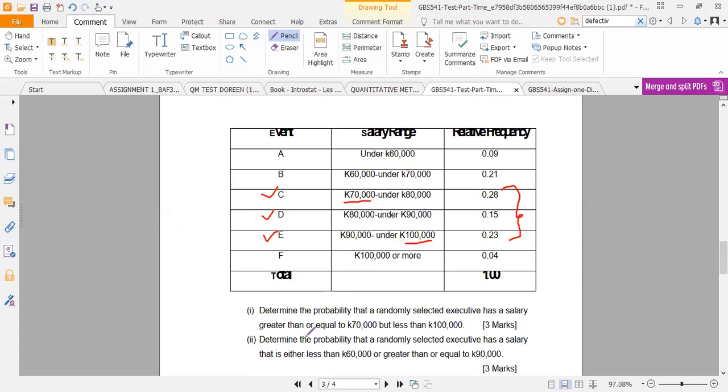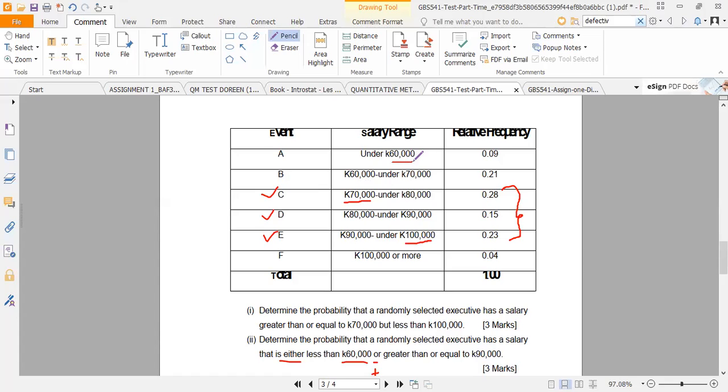Then here we are told to determine the probability that a randomly selected executive has a salary of either less than 60 or greater than or equal to 90. Or, as I've already mentioned, means union or addition.